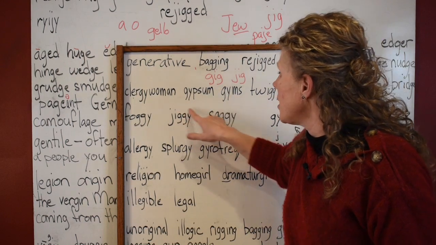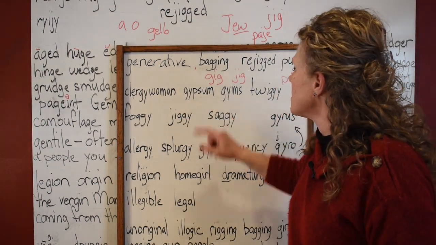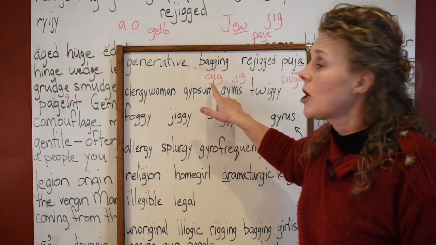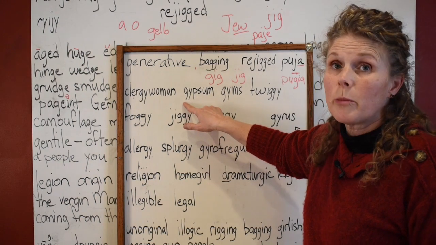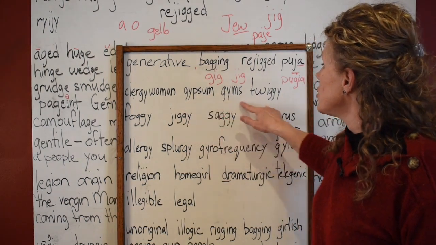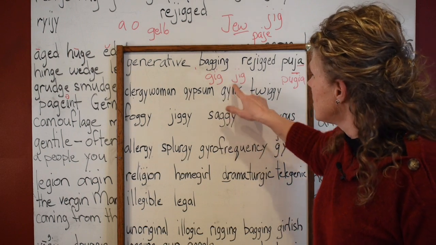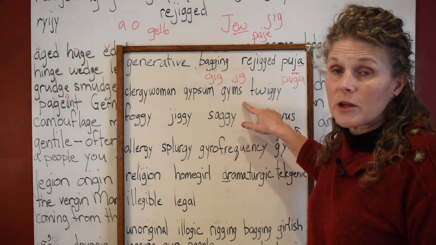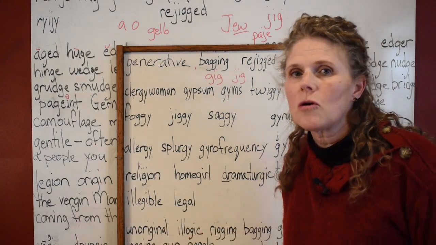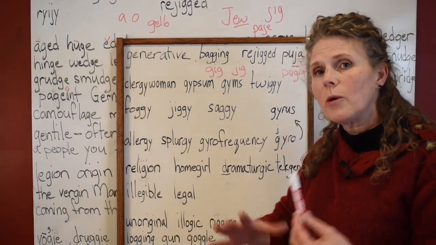And this will help you think, oh, gypsum. And oftentimes, if you can tell that it's Greek, this will most likely turn to the J sound. Like gyms. See? This comes from the Greek sound. So Greek will be science, medical, animals, anywhere in that.